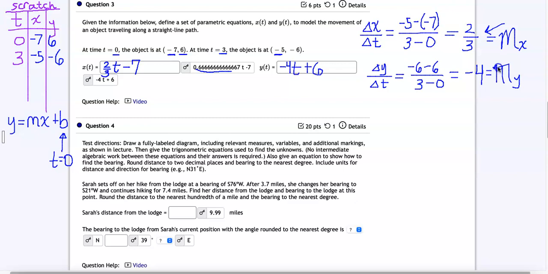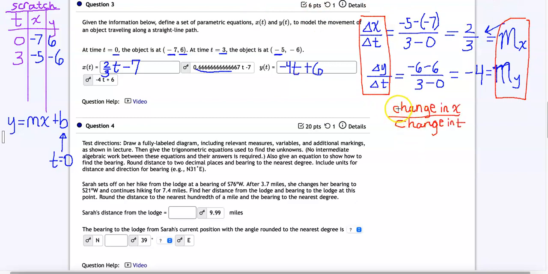Anyway, you want to make sure that you do not use the letter M twice in the same problem to mean two different values, and that's why if you use a notation like this, it will differentiate between your two M's, and you're okay. So choose either to use the delta x, delta t, delta y, delta t, or do this, or use some sort of words. For instance, in class, I believe I actually wrote out the words change in x over change in t. So something to indicate slope.